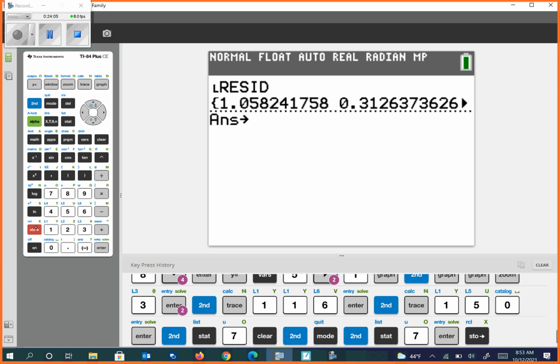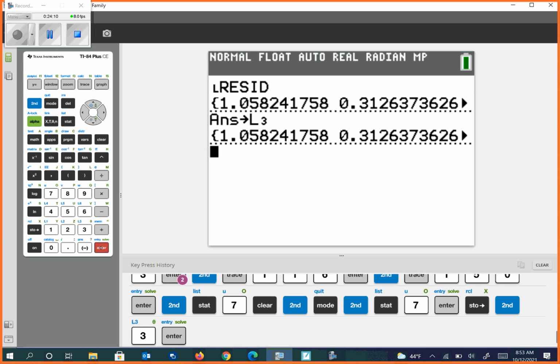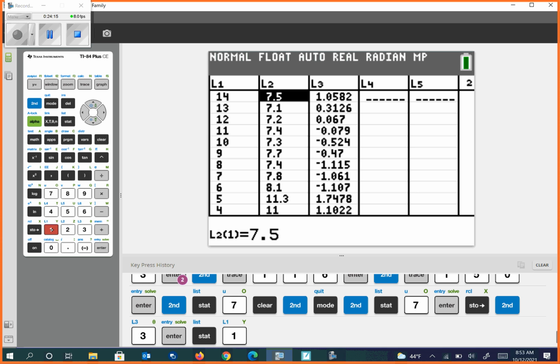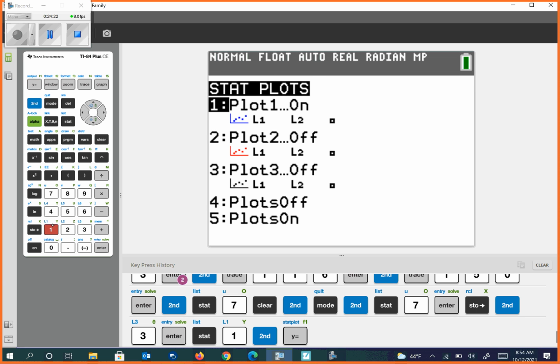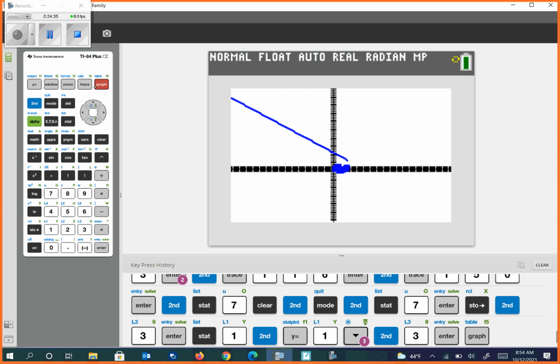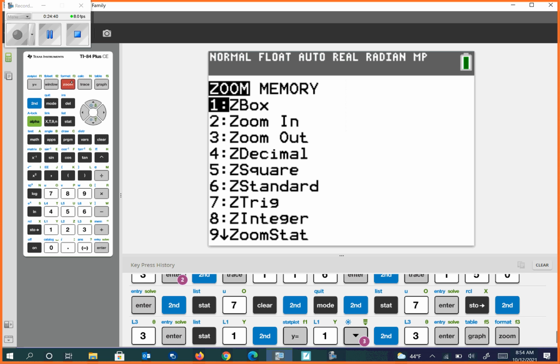You hit store, and I'm going to put this into list 3. Okay? So if I go back to stat, under edit, then I have all my residual values there, and I can say this. Second stat plot, number 1. And I'm going to go down to list 1 and list 3. So I'm going to graph originally. I'm going to hit zoom in.